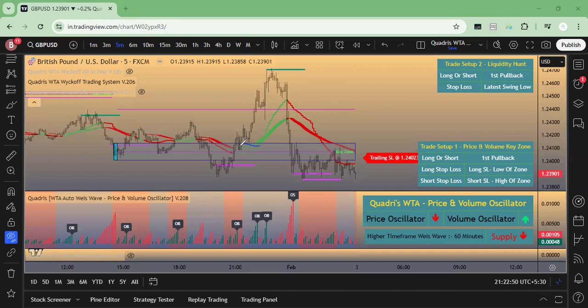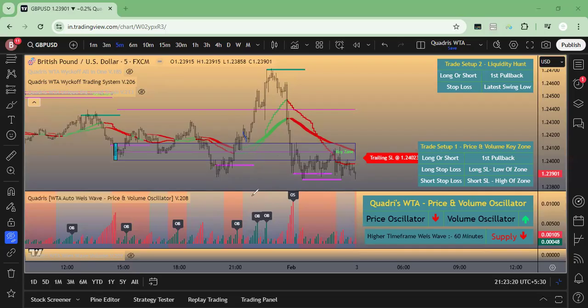So what was the opportunity? The breakout test. It happened somewhere around here, I guess. This was a buying opportunity. Now either we buy on this one, buy or sell around the liquidity line, on the accumulation and distribution, minor accumulation or distribution, or either we buy on the first pullback.